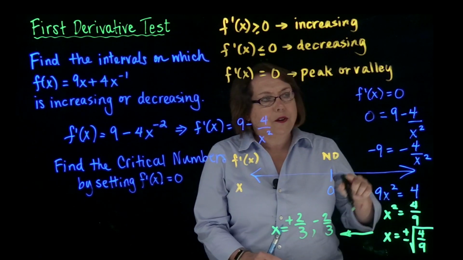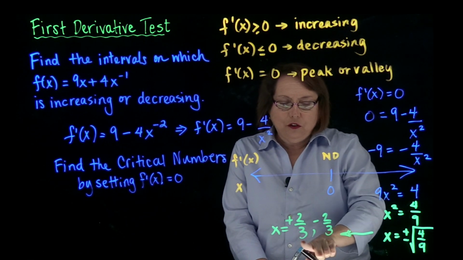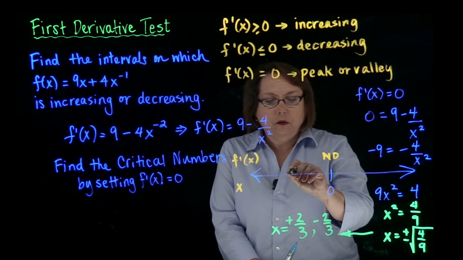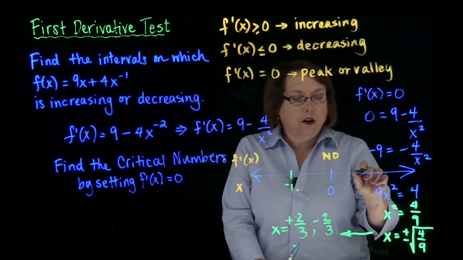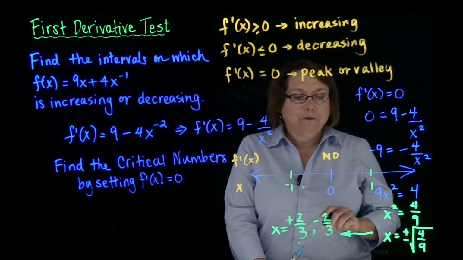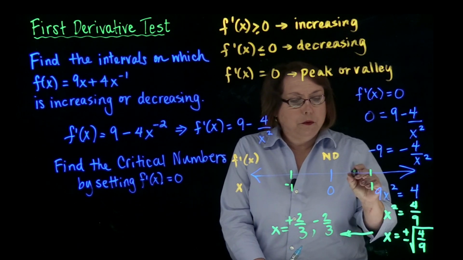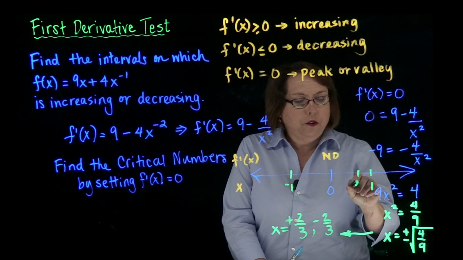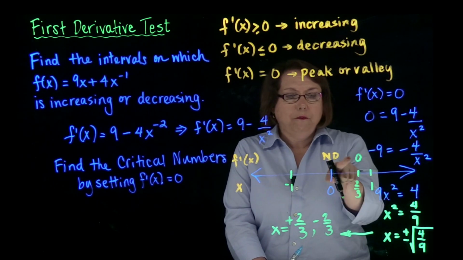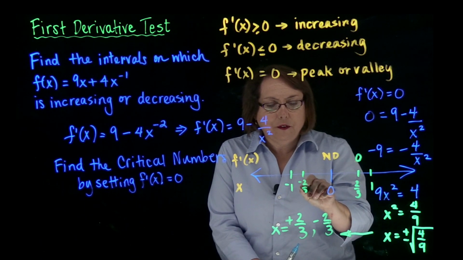So where this graph is reaching a peak or a valley is at these two values of x. So let me just for convenience put -1 and +1 on our number line here. And then let me mark our critical numbers. So 2/3 right here, the first derivative is equal to 0. And at -2/3, the first derivative is equal to 0.